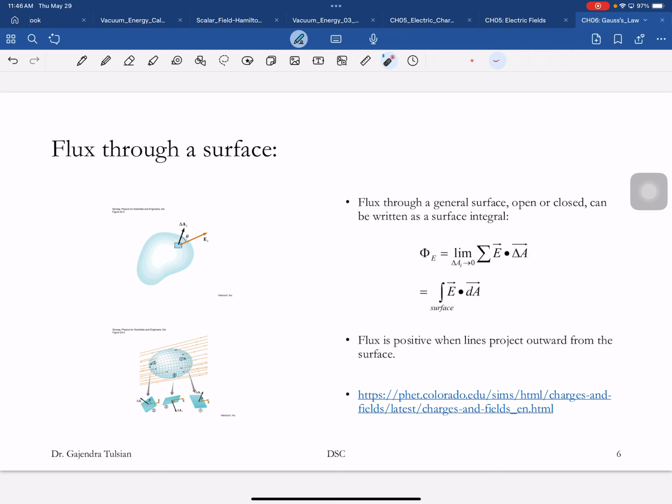If it's an enclosed surface, you might have seen this symbol: if you write a little circle on the integral, that means you're doing a surface integral over an enclosed surface. You don't have to do a surface integral over an enclosed surface. You can do it on an open surface. But if you're doing it over an enclosed surface, we convey that fact by writing a little circle.